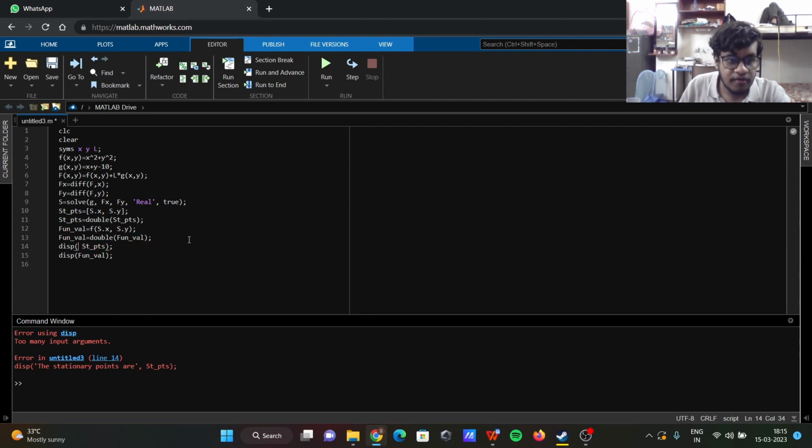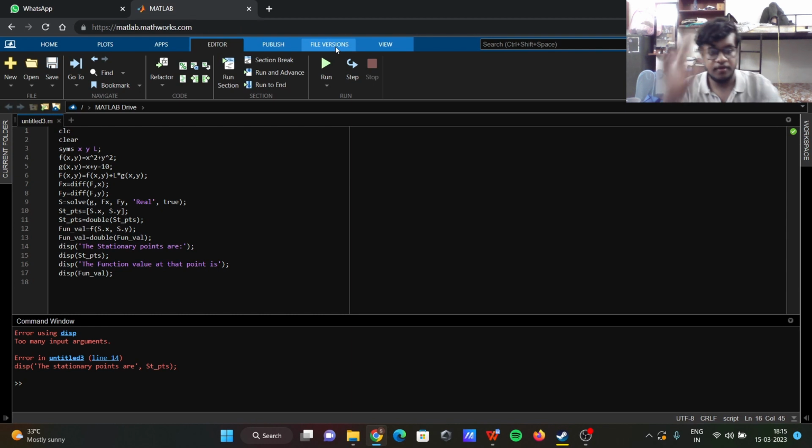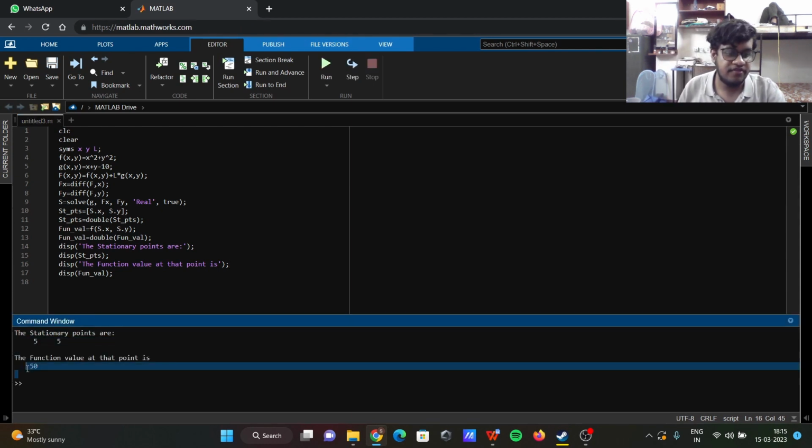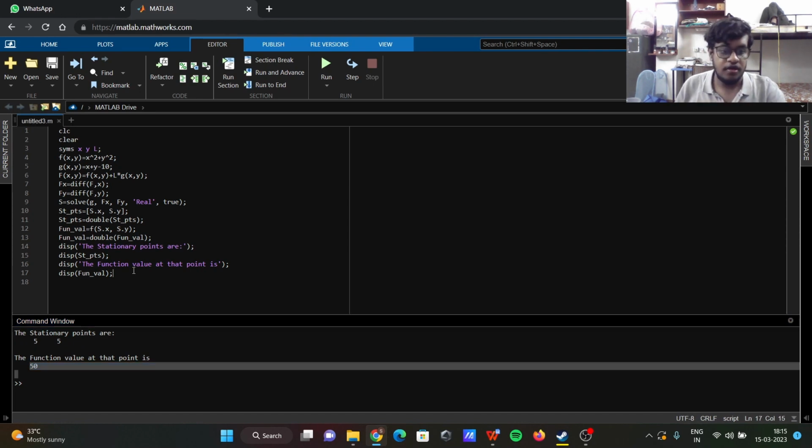Instead, what you can do to get it is this: the stationary points are, close this, and then the function value at that point is. See, the stationary points are 5 comma 5. The function value at that point is 50. Now, I understand that this is not the part where most people have problems.